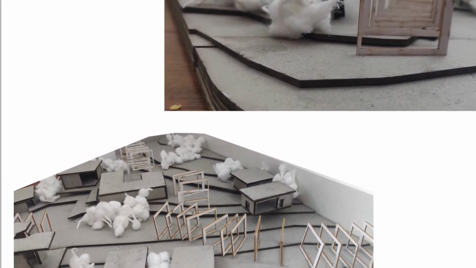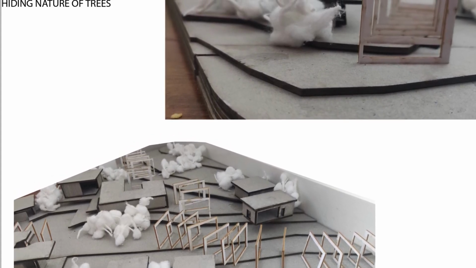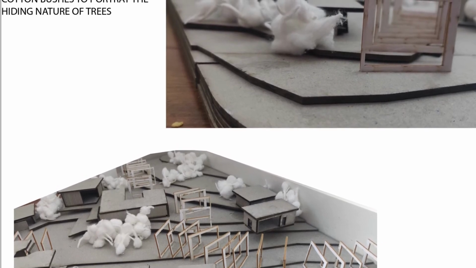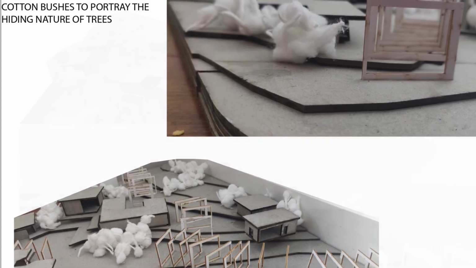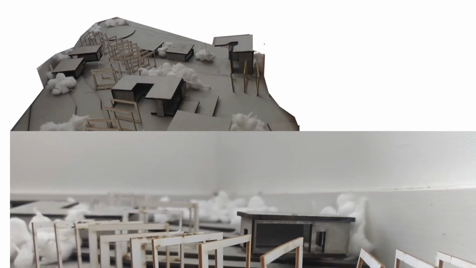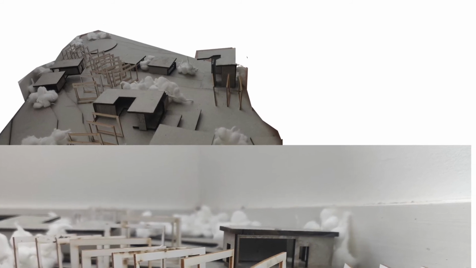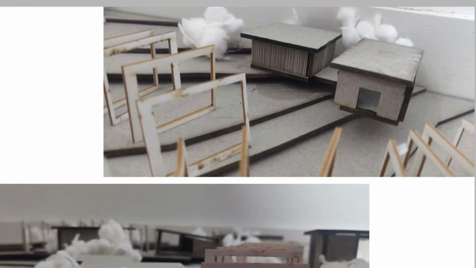I used the cotton buds as an abstract showing of trees that hide one space from the other, as well as the arches that I used as a tool for guidance.